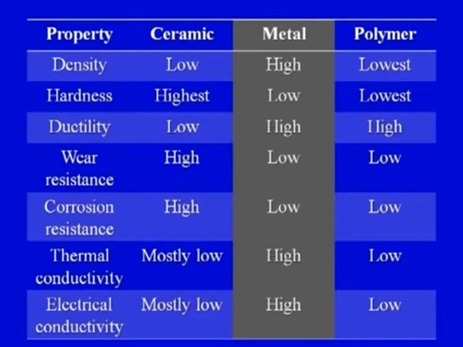So all these properties on your screen are one way or the other related to the processing of the materials. Whatever property is there, it will have a direct or indirect bearing on the processing of that particular material.